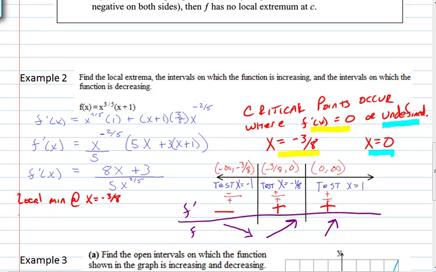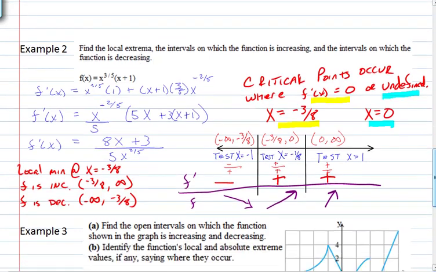And the function is increasing from negative 3/8 to infinity, and the function is decreasing from negative infinity to negative 3/8. That's a lousy infinity. A little better. Any questions? Try not to make your infinities look like 8s.